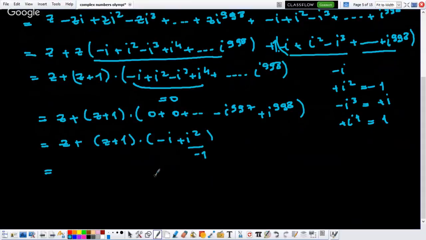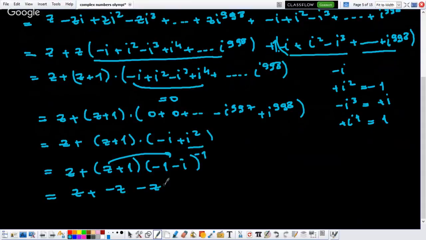This part was, I think, true again, and here it's going to be equal to z plus 1 times i squared, which is minus 1, so minus 1 minus i it must be. And if I multiply these here, z plus minus z, then this is going to be z minus zi, and minus 1 minus i.